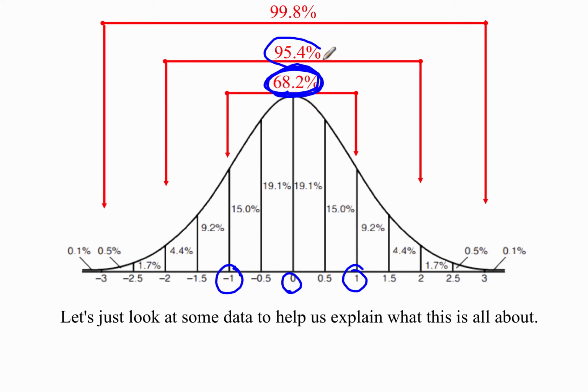Approximately 95% of a population is going to fall between two below and two above. And then we have pretty much 99.8%, the entire population. So again, it may seem a little confusing, but we're going to look at some examples to explain it.